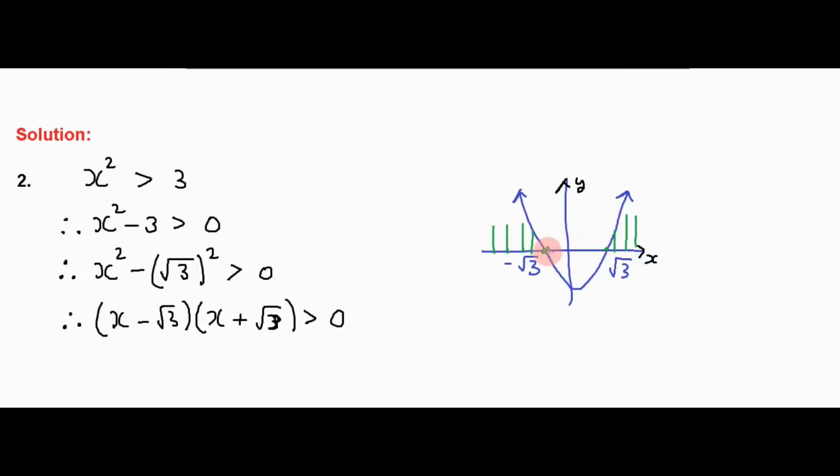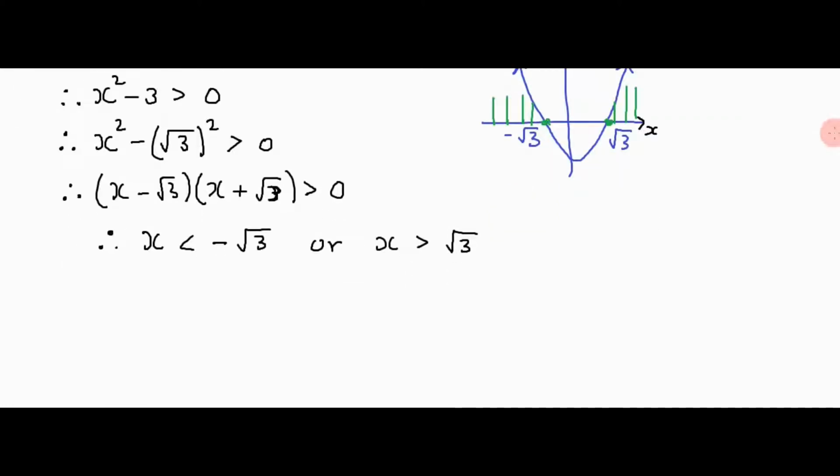So for all the x's to the left of negative the square root of 3, and for all x's to the right of positive the square root of 3. So then our solution will be x is less than negative the square root of 3, or x is greater than positive the square root of 3. If you wanted to illustrate this in interval notation, x will be an element of, now to the left of negative the square root of 3, we're going towards negative infinity.